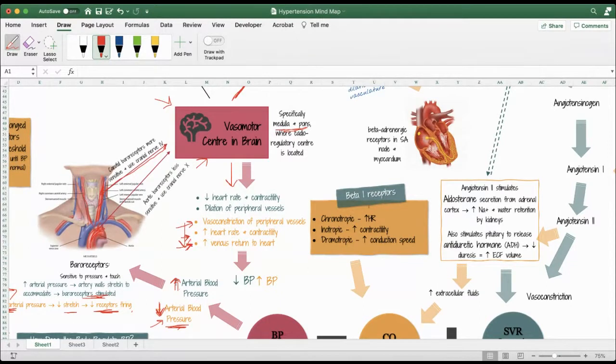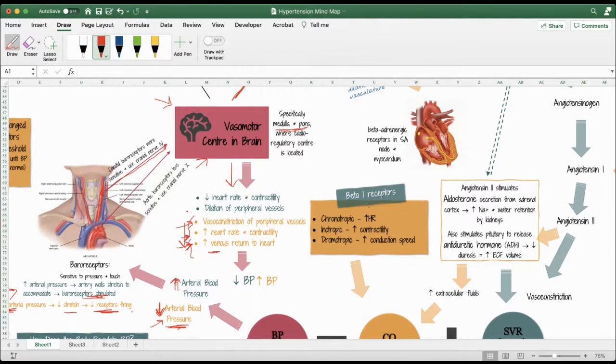You don't need to memorize this kind of stuff. Just understand how the body is going to create more pressure or less pressure. You know vasoconstriction creates more pressure. You know that if you pump more blood faster, it's going to create more pressure. It's very logical. You don't need to go crazy trying to memorize these three points exactly.